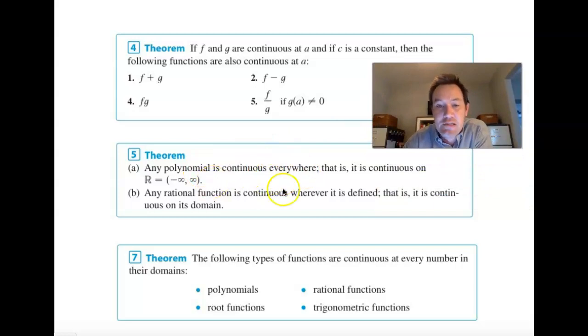Any polynomial is continuous everywhere, so it's continuous on the set of all real numbers, negative to positive infinity. And any rational function is continuous wherever it's defined, meaning on its domain. So remember, rational functions, you will get vertical asymptotes. So it's going to be continuous in between any vertical asymptotes or holes or anything like that that may come up. And then we just get a listing of some types of functions that are continuous at every number in their domains: polynomial, rational, root, and trig functions.